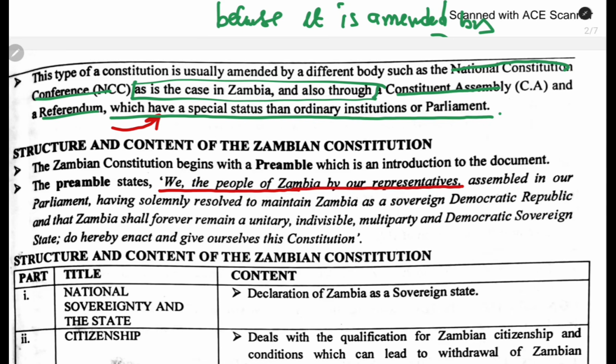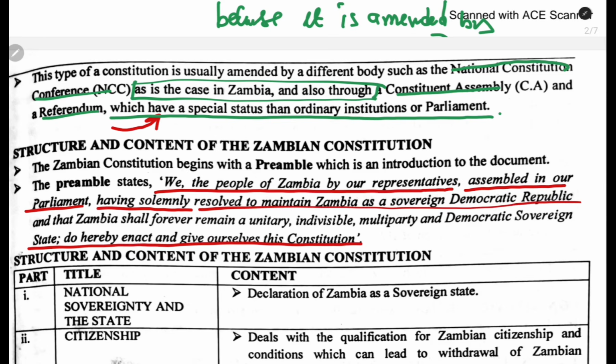We, the people of Zambia, by our representatives assembled in our parliament, having solemnly resolved to maintain Zambia as a sovereign democratic republic, that Zambia shall forever remain a unitary, indivisible, multi-party and democratic sovereign state, do hereby enact and give ourselves this constitution. So this is what you're going to find as the introduction of the Zambian constitution.